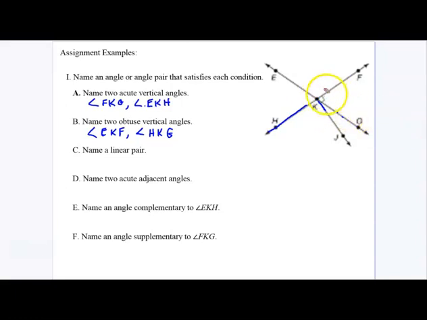So whatever FKG is, it has to be less than 90 degrees. Let's just say it's 80 degrees. That means that, because EKG has to come up to 180 degrees, this would have to be something like 100 degrees. Just as an example. So that's how you can tell that EKF is obtuse. And these opposite angles are intersecting lines that share the same vertex, and that makes them vertical.